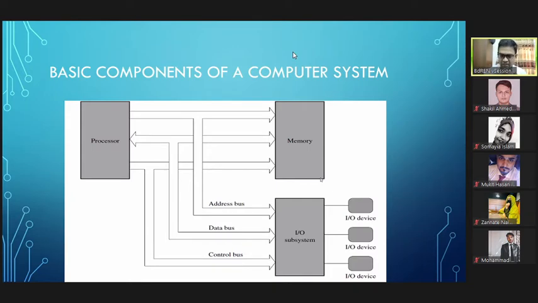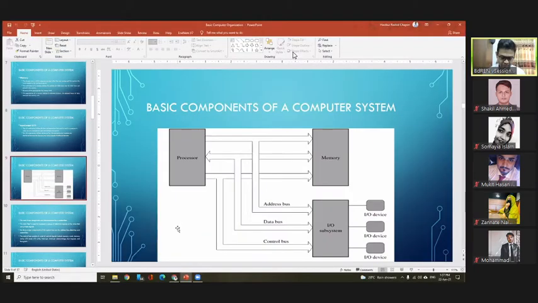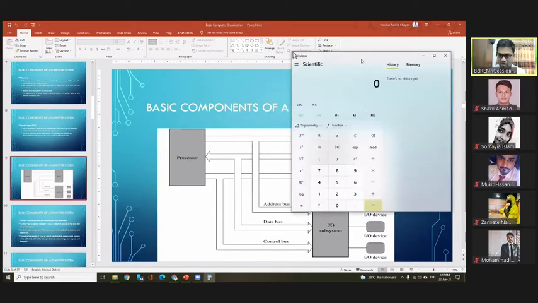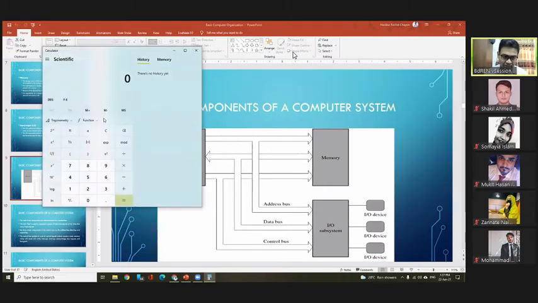If your address bus is 16 bits, you can use a maximum of 65 kilo of memory. Let me show you: 2 to the power 16 is 65,536. That will be the maximum memory size you will have if the width of your address bus is 16 bits long.